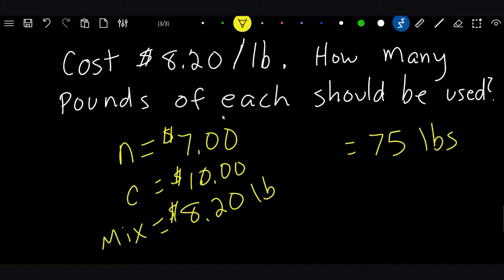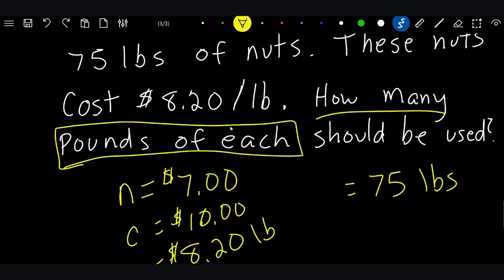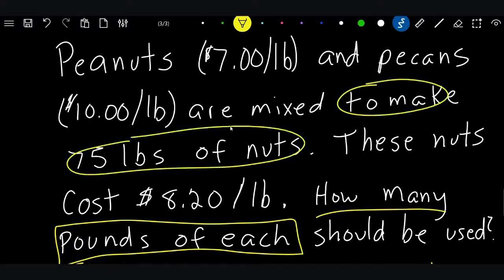What are things that we don't know? Well, look at the question. How many pounds of each? That's what we don't know. We don't know how many pounds of each. So let's call the pounds of each the C and the N. Now notice, let's go back to this question some more. They're going to make 75 pounds of nuts.